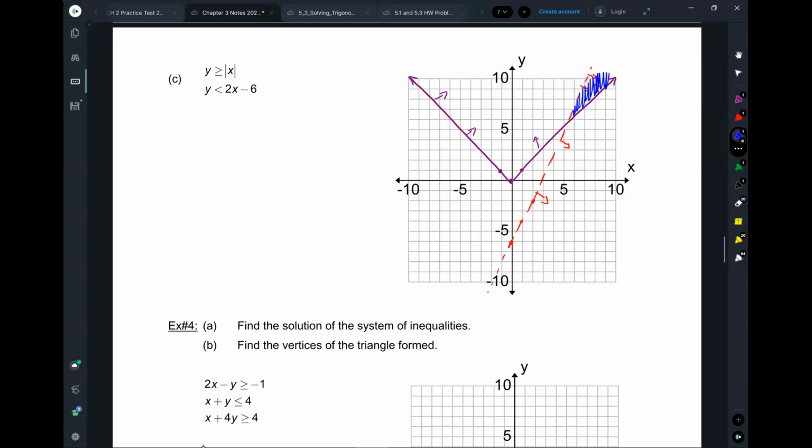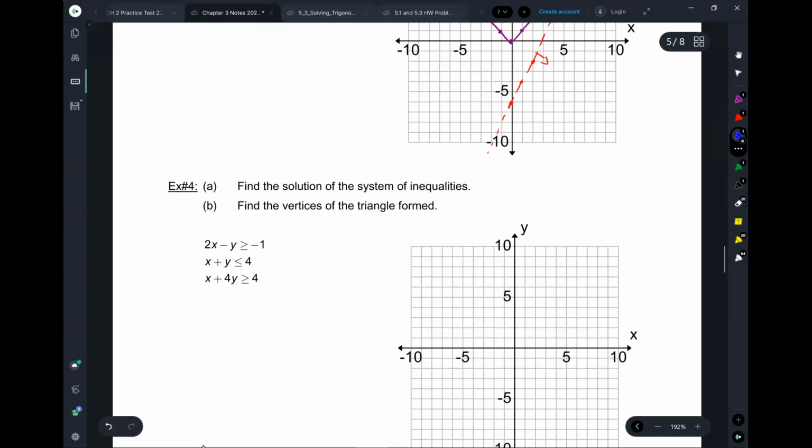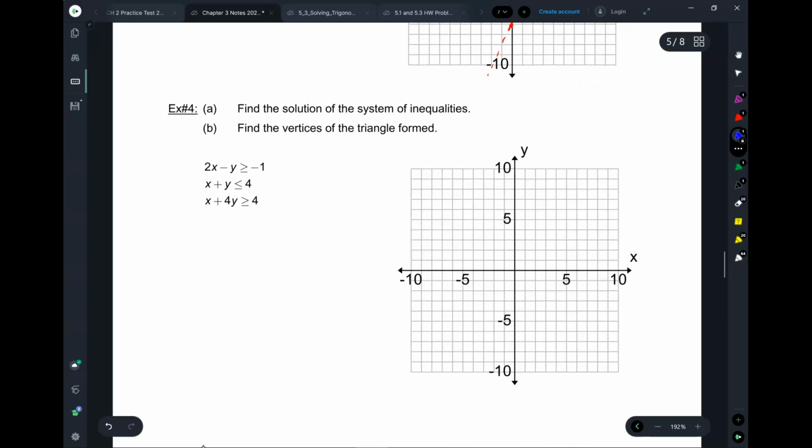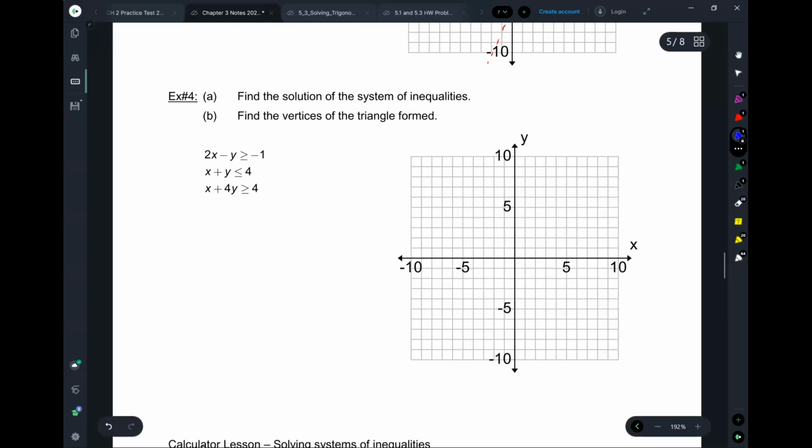Y is less than or equal to 2x plus 1. And this one, y is less than or equal to negative x plus 4. And then this one, 4y greater than or equal to negative x plus 4. Y is greater than or equal to negative 1 over 4x plus 1.